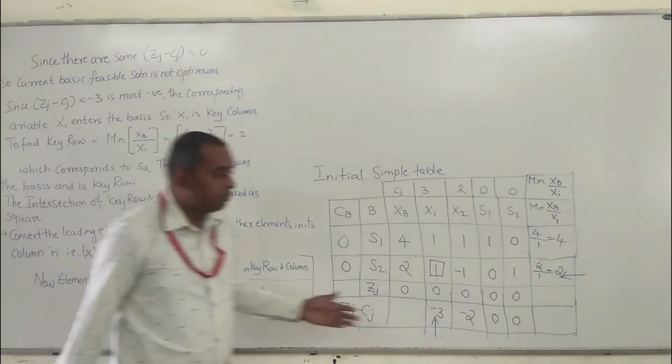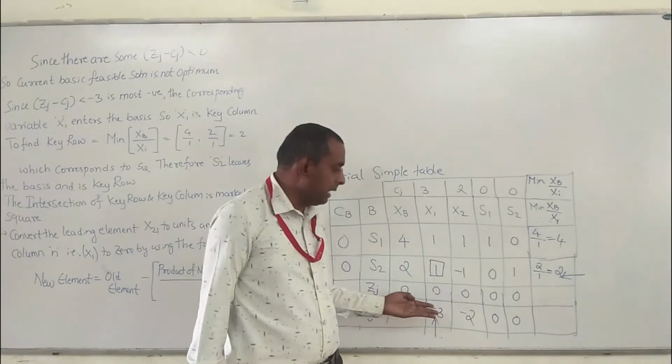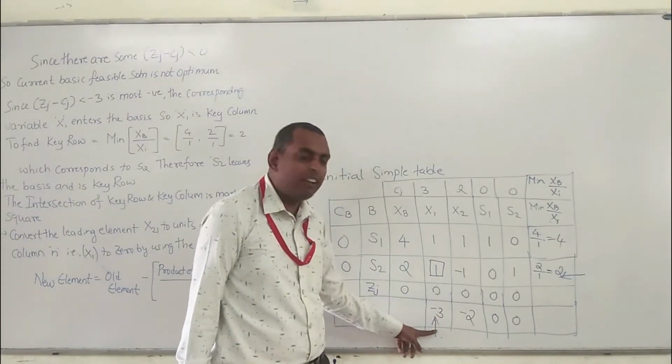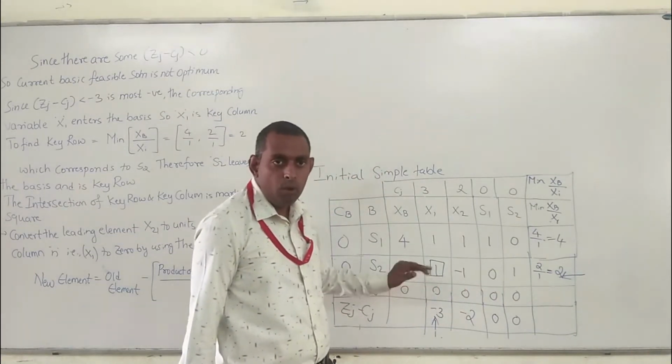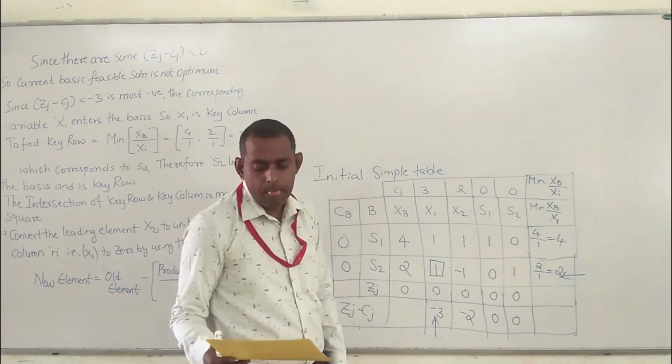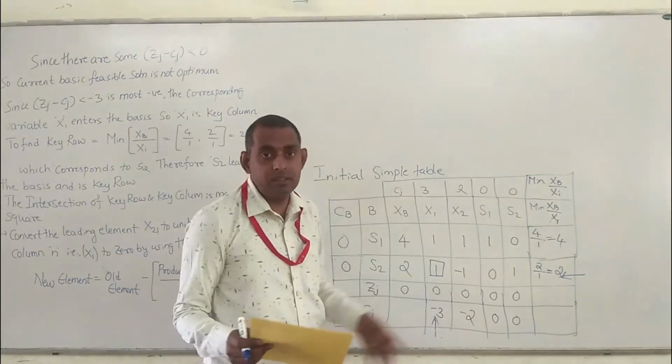Fine. So once we got the initial simplex table and we got the entering variable, leaving variable and key element, go for the next simplex table.